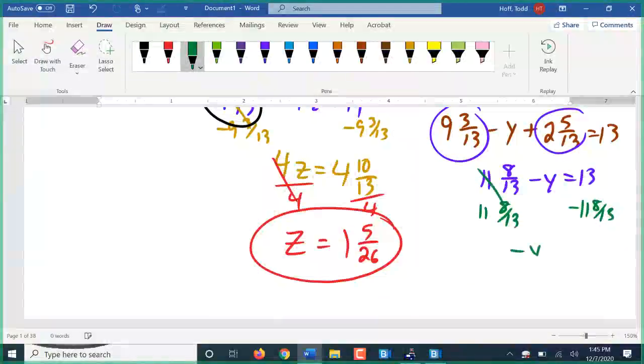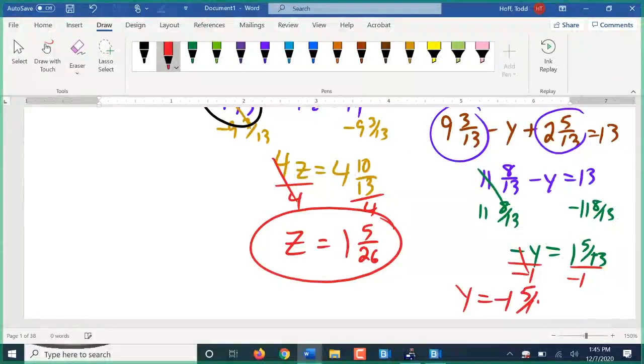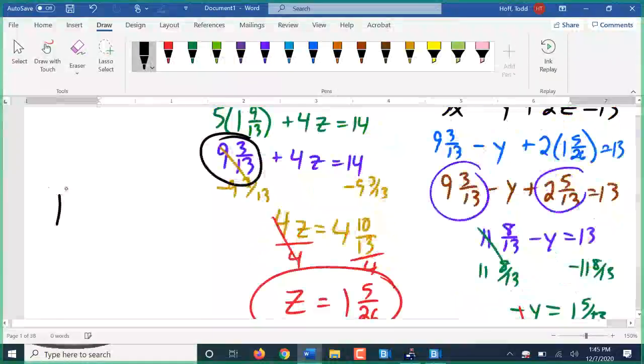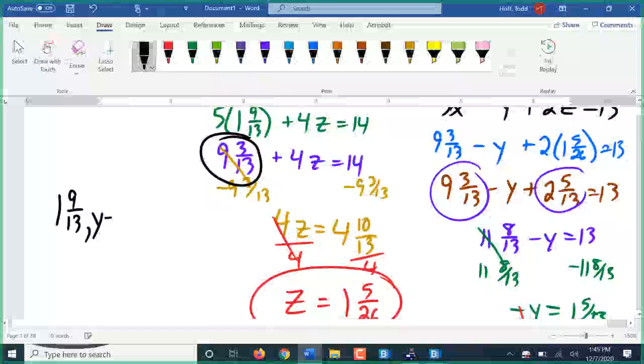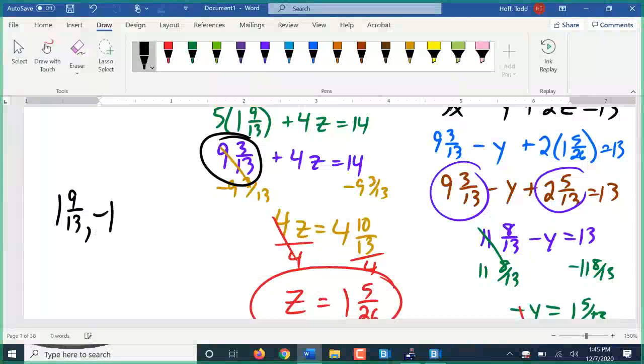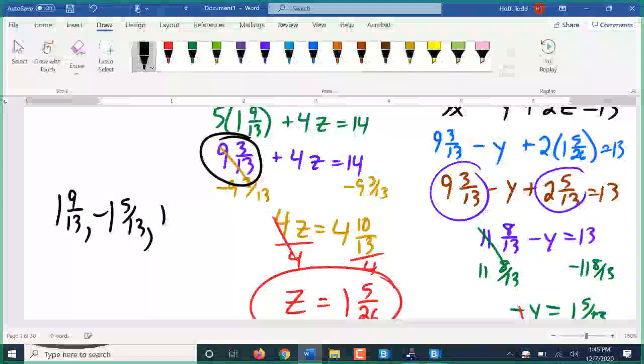I get that negative y equals 1 and 5/13. And then, of course, I have to divide by the negative 1 to get rid of the negative. So y equals a negative 1 and 5/13. So we have x equals 1 and 9/13, y equals a negative 1 and 5/13, and z equals 1 and 5/26.